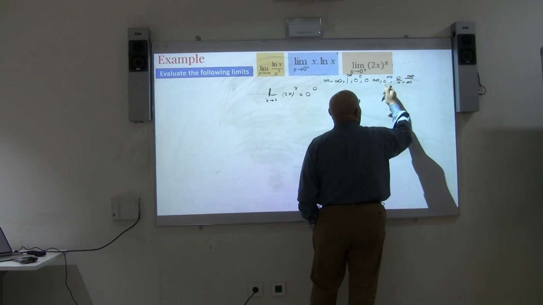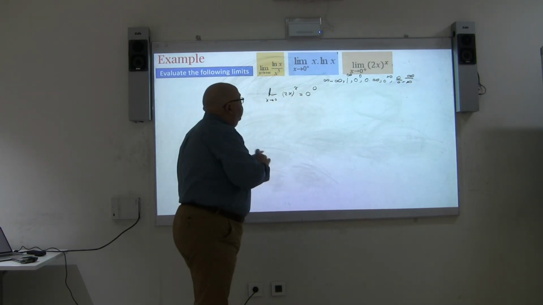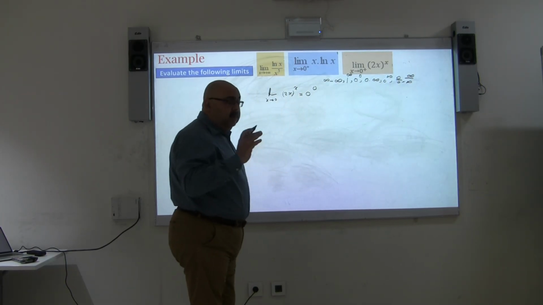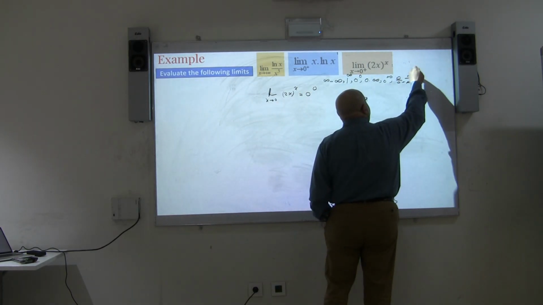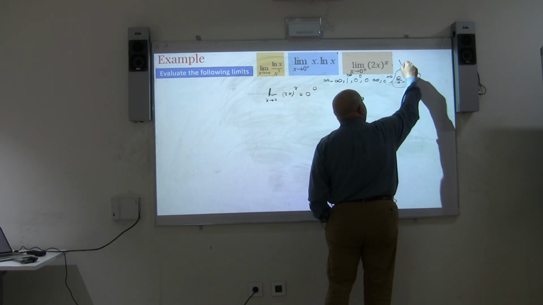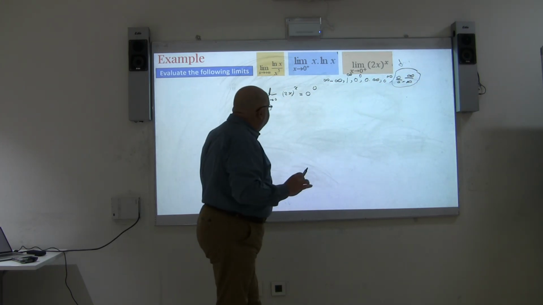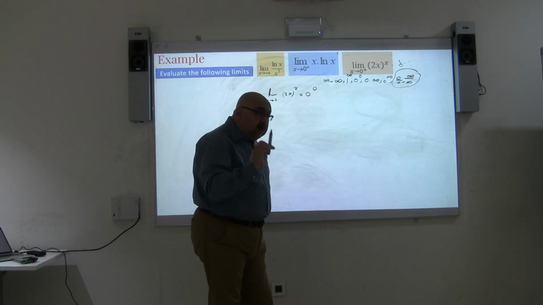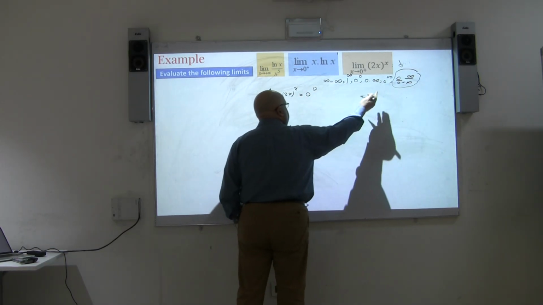Count them, 1, 2, 3, 4, 5, 6, and 7. So out of all of these 7 undefined values, I can use Cauchy, or L'Hopital's theorem, once it is 0 over 0 or infinity over infinity. So all I have to do at the time being is try to change this into one of these.